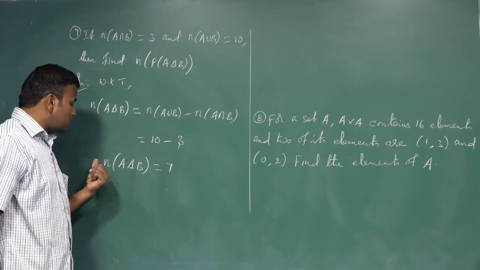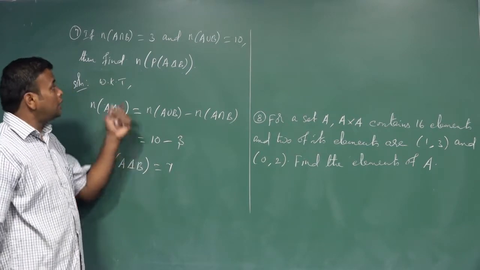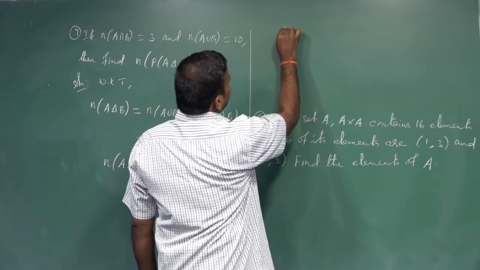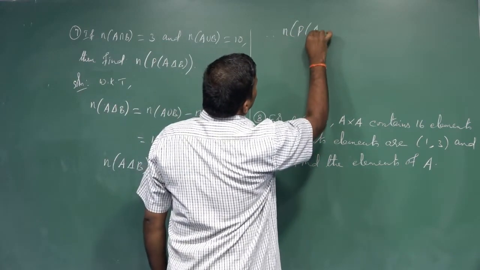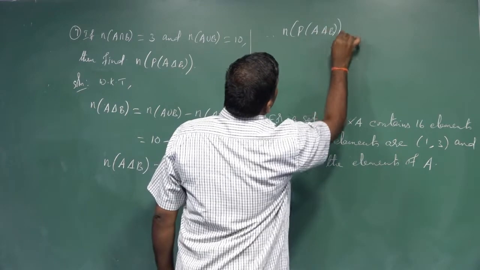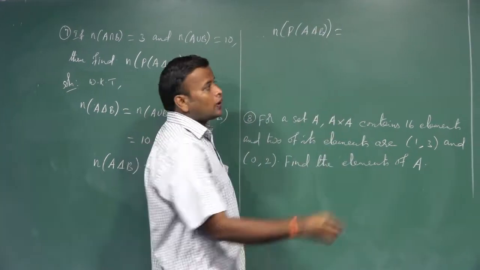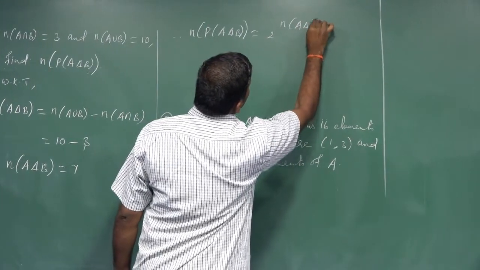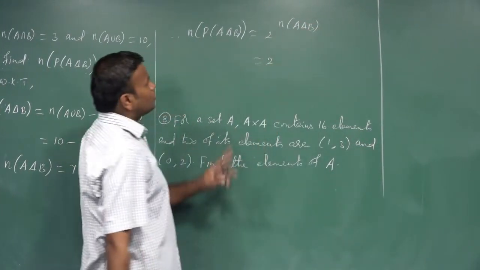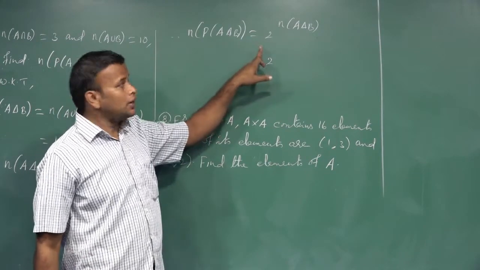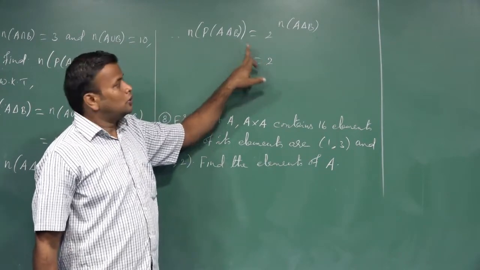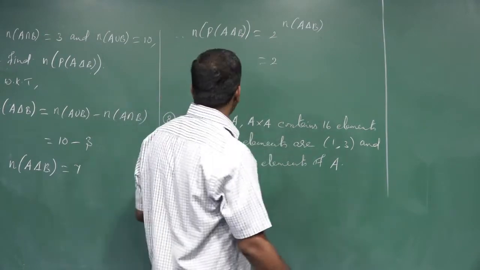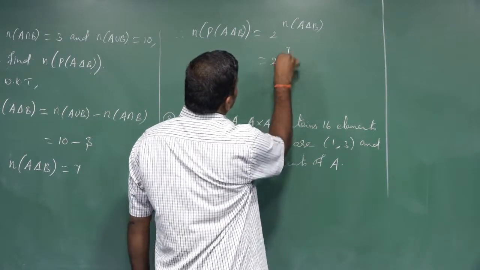But our question is not to find n of A delta B, it is to find n of P of A delta B. Therefore, n of P of A delta B. Actually, what is the formula? The formula is 2 power n of A delta B. Okay, the formula of the power set is 2 power n of this A delta B. We already found the value of n of A delta B. The value of n of A delta B is 7.